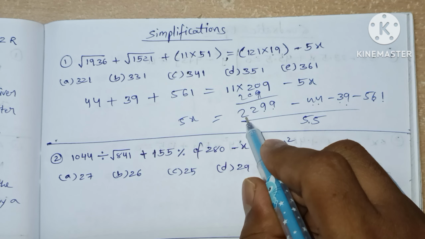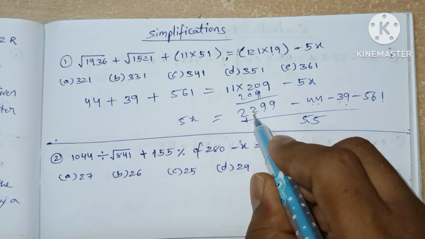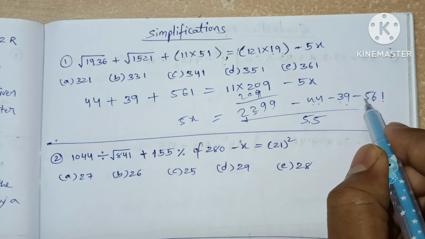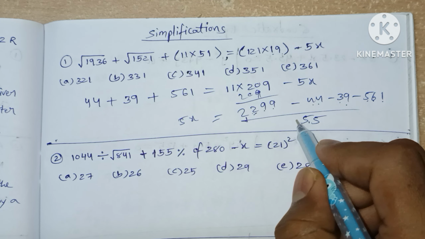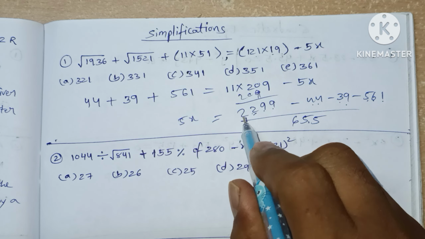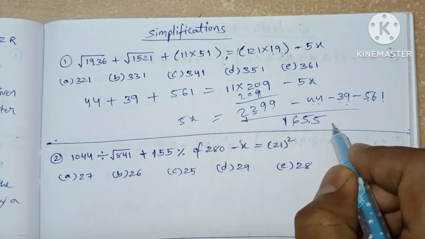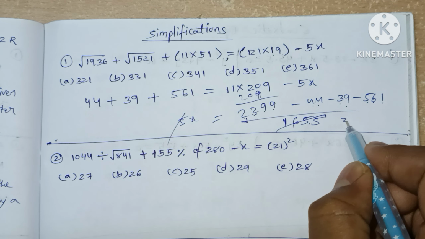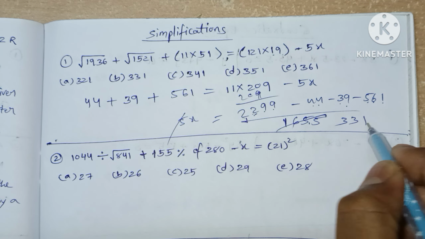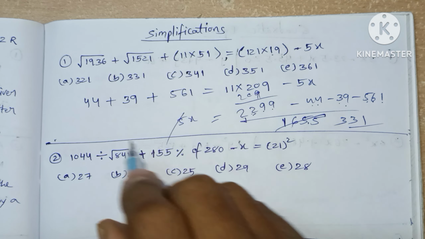It is 1. 1 minus 5 means 11 minus 5, we'll get 6, and it is 1. 1655, 5 3 times, 3 times and 1 time. 331 is our answer, option B.